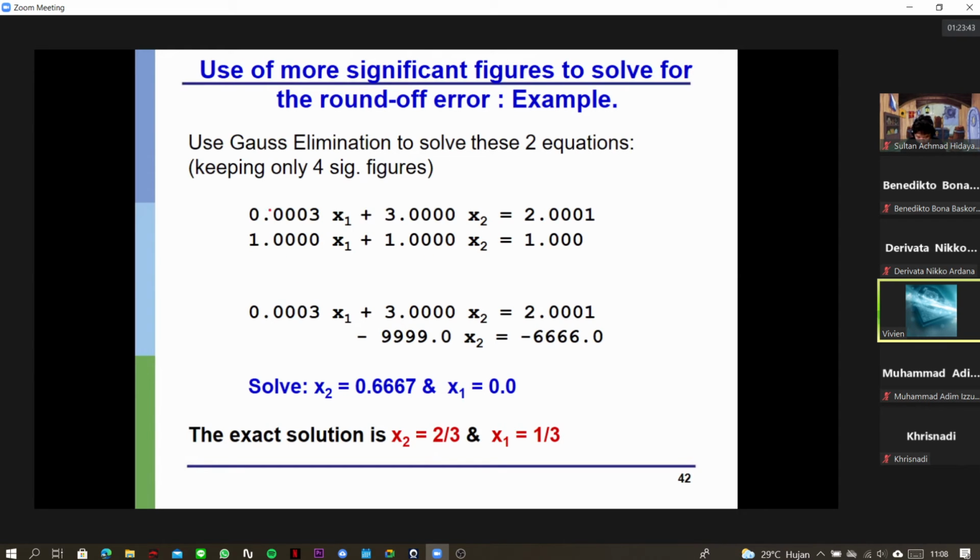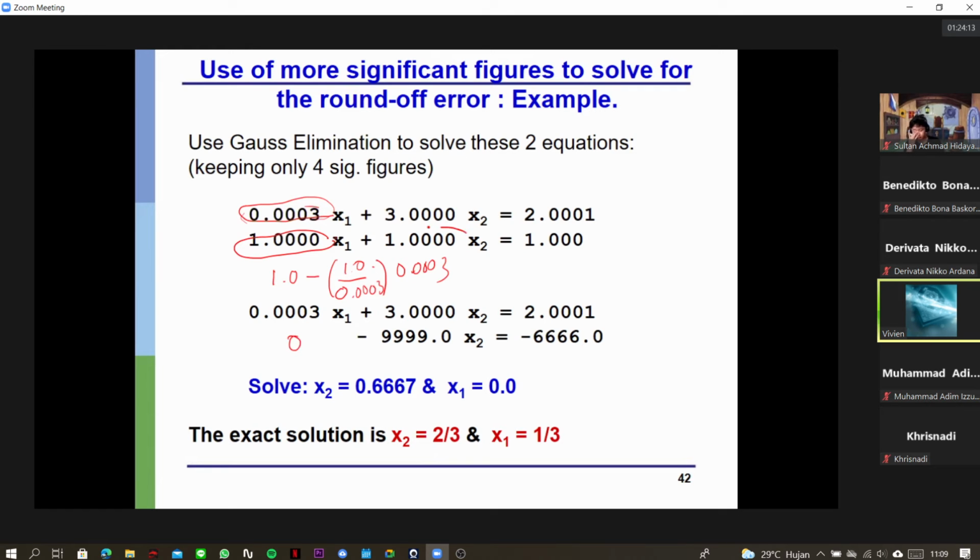So that we want to create the upper triangular matrix, so we choose this one as a pivot, and then we subtract the second row with the first row, which is multiplied by a factor. So when we subtract with the first row, that will be 1.0 divided by 0.0003 times 0.0003, so that will be 0.